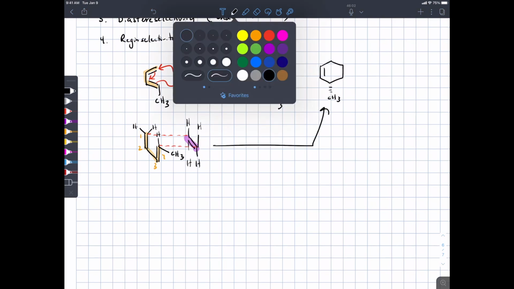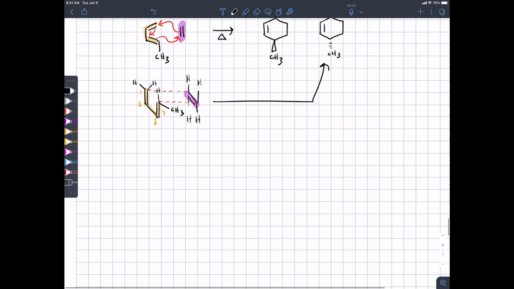If in contrast the olefin approached the diene from the left-hand side, sorry, some of those protons are sloppy.